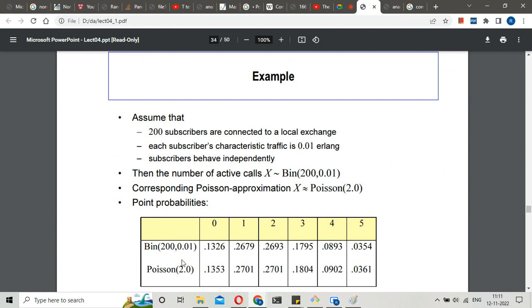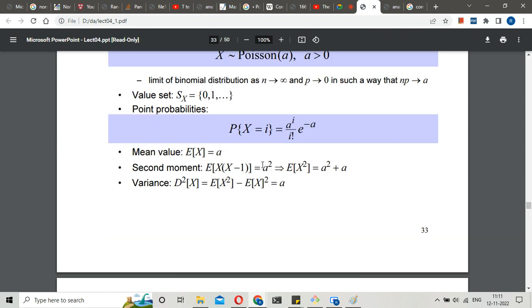Then you can check the table. Binomial tables and Poisson tables are present online actually. Previously, how we used to calculate, now in the calculator you can write Poisson of 2. These values will come based on whatever x you want, right? Here, using this formula, you will be entering it.